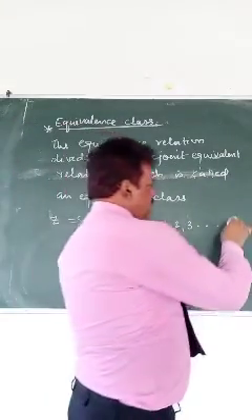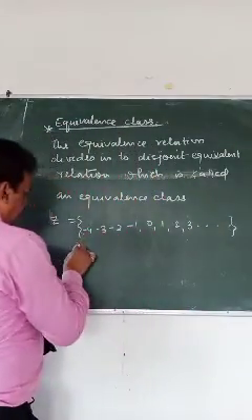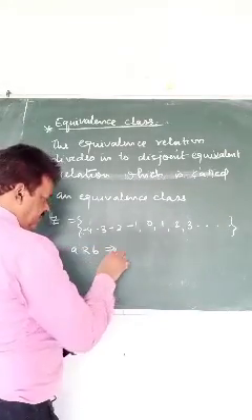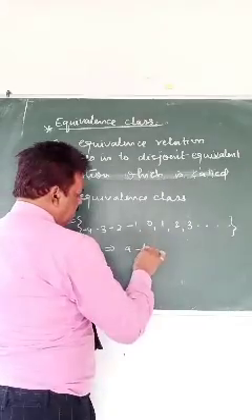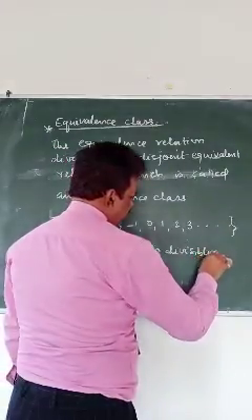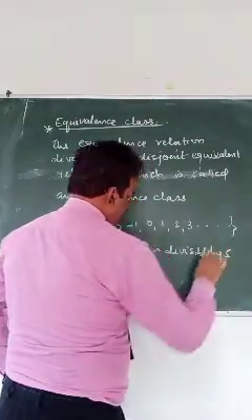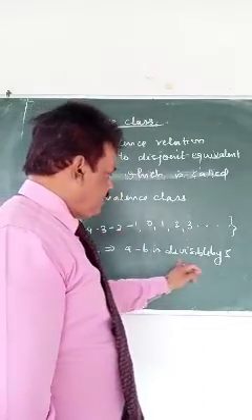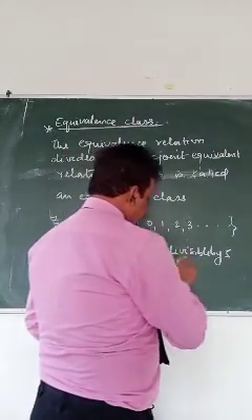Suppose you define a R b, which implies a minus b is divisible by 5. Before, I have proved this one.